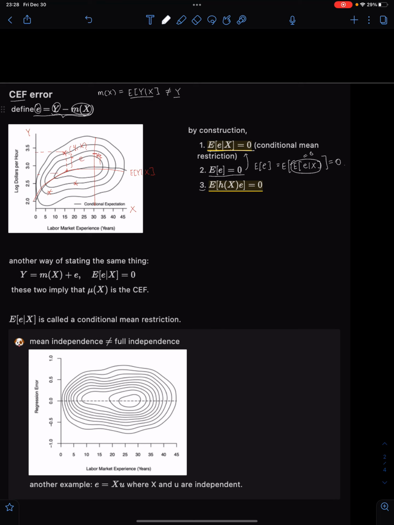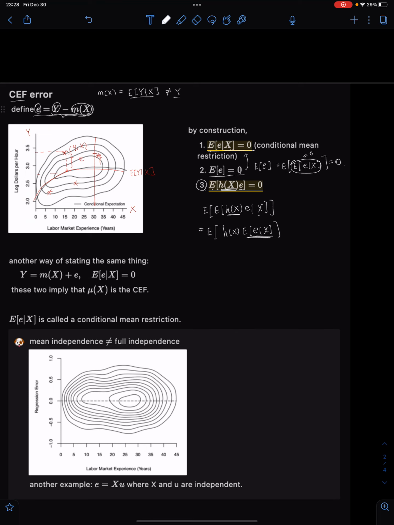The final property of CEF error is that the expectation of h of x, any function of x, times e error is going to be 0. And that again follows from the law of iterated expectations, because that one can be written as this one, and conditional on x, this part is just constant, so it gets out of this expectation, and we have this one in the end.